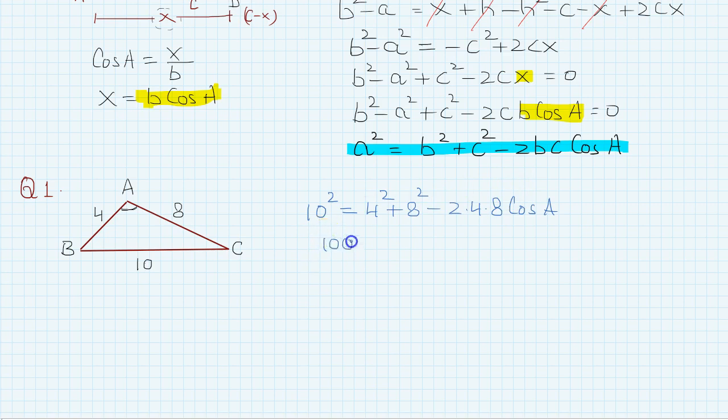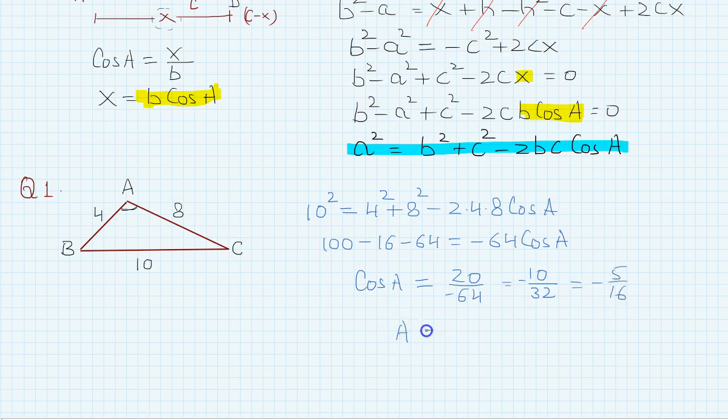So that is 100 minus 4 square, which is 16, minus 8 square, which is 64, is equal to minus 64 cos A. So we can say that cos A is equal to 20 over minus 64, that is 10 over 32, or we can write it as minus 5 over 16.